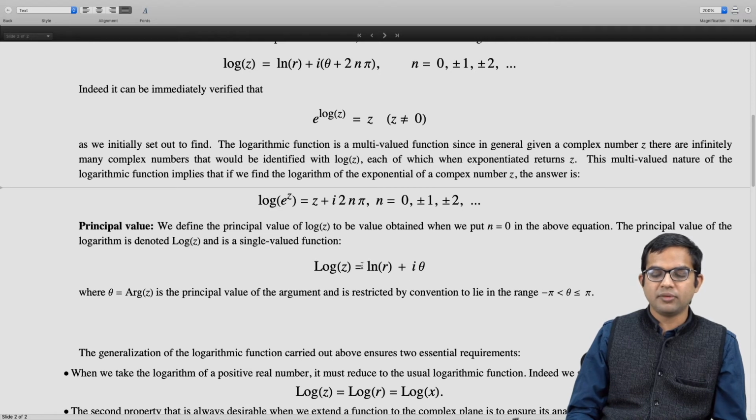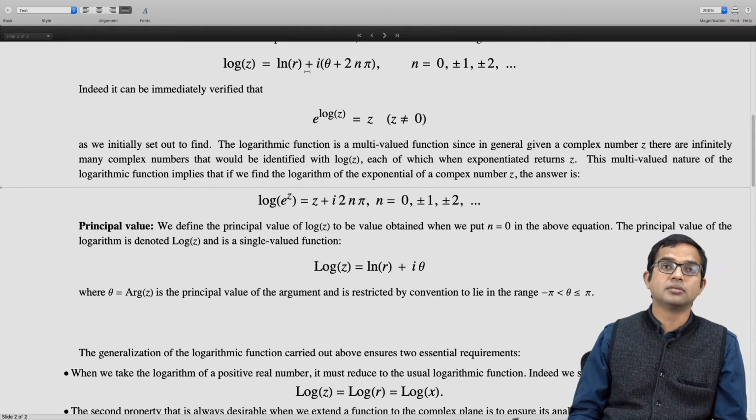Even for real positive numbers, there is this extra freedom associated with the log value. There is a complex part which we usually ignore, right? In fact, we are used to using just the ln of r as a numerical value.